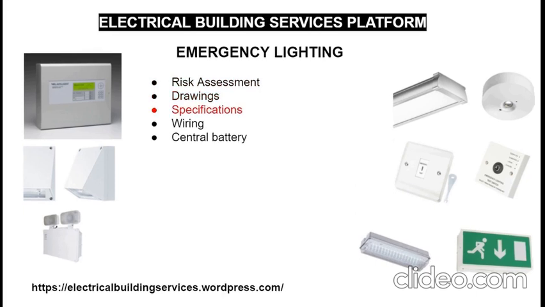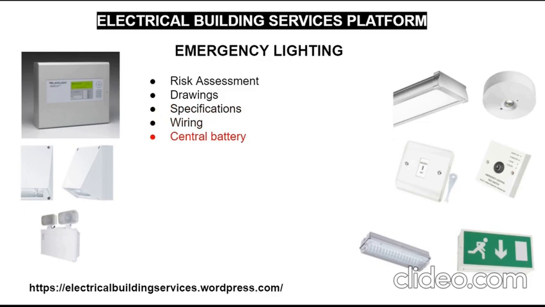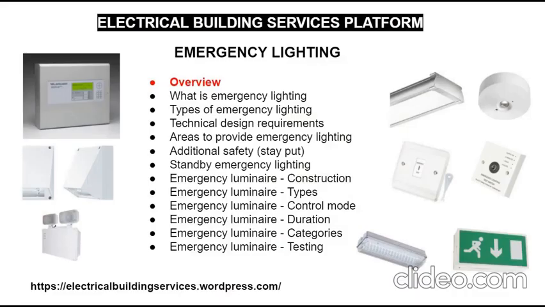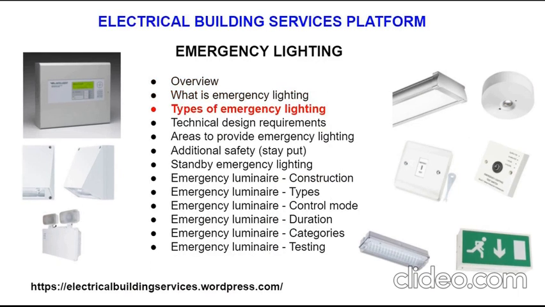Even though you've got your illuminated signage above the door, you'll also need to provide emergency light to show the door at the threshold. So it must be within 2 meters of that door to provide proper illumination.